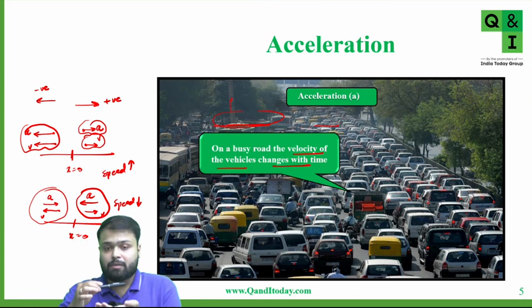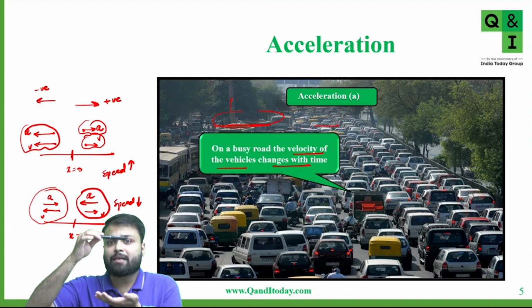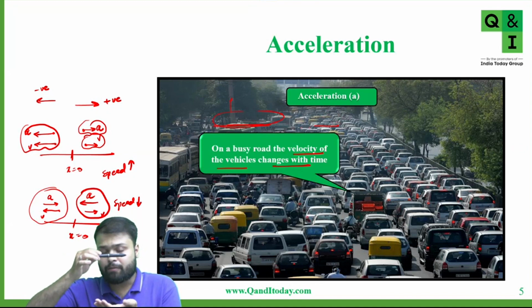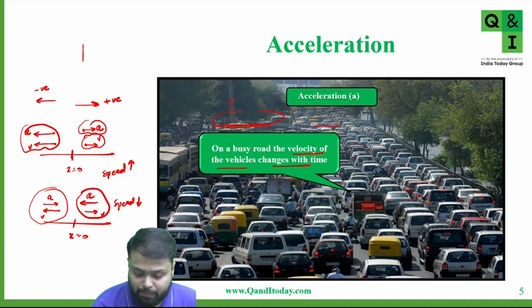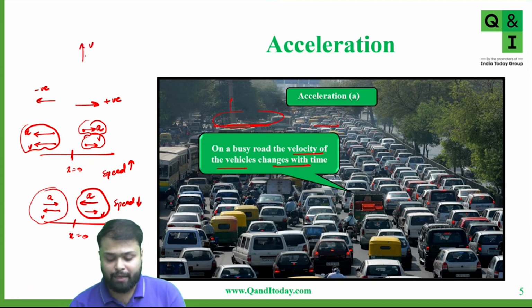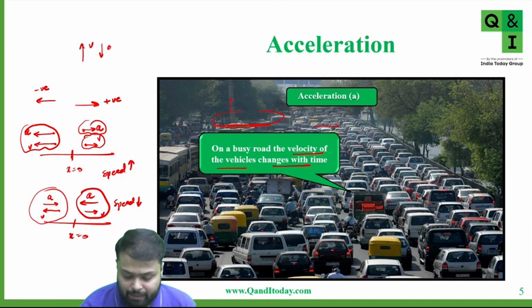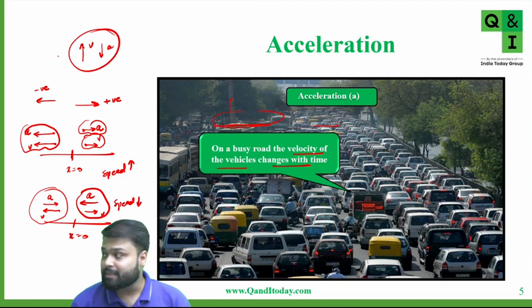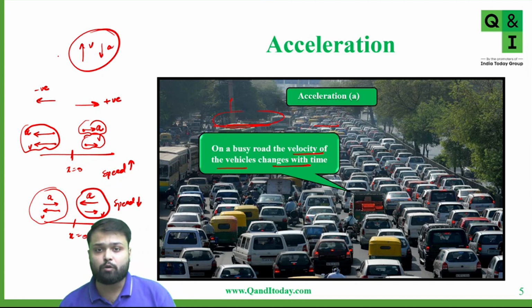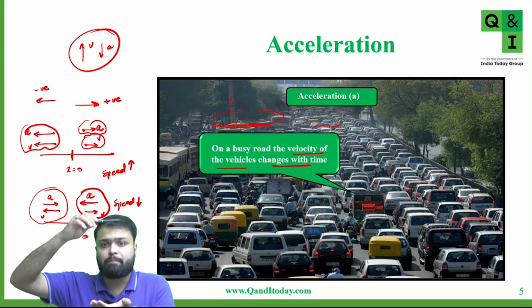Why? Because when this pen is going in the upward direction, acceleration is acting because of gravity in the downward direction. So in the first case, the velocity of the body is in the upward direction and acceleration is acting in the downward direction. So in this case, acceleration is opposing the motion. That's why the speed of this pen will go on decreasing as it's going up. Okay.